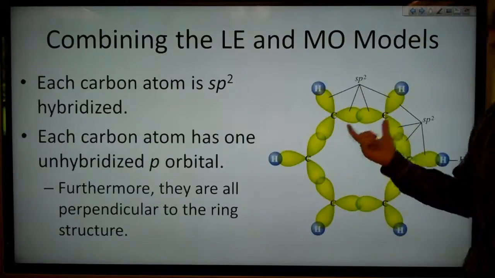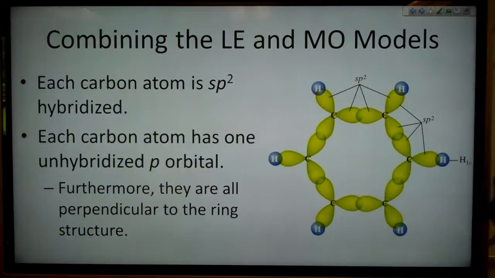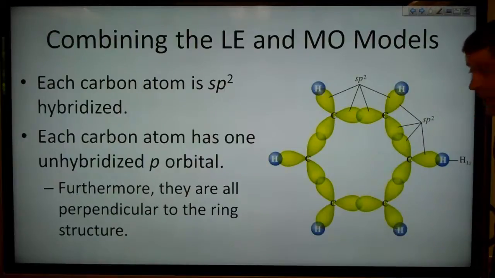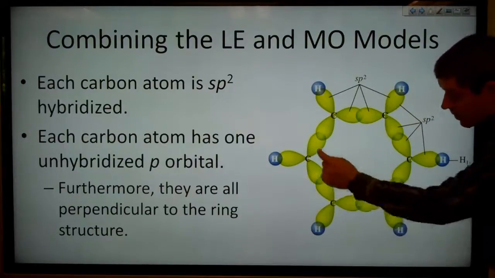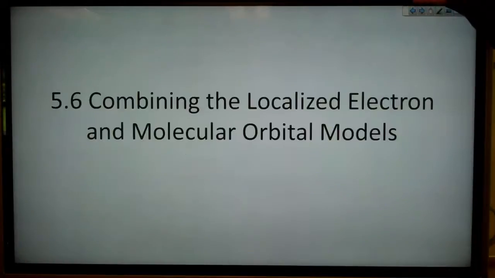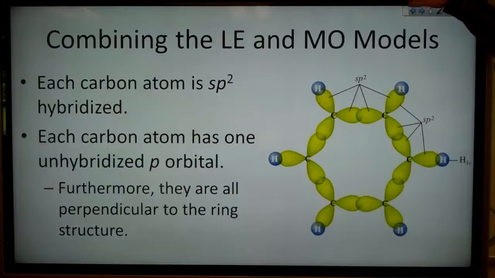But what actually ends up happening is that each carbon atom is sp2 hybridized. Each carbon atom then has one unhybridized p orbital. Because of the orientation of all of the carbon atoms, each of those unhybridized p orbitals is perpendicular to the ring, which means they're all parallel to each other.